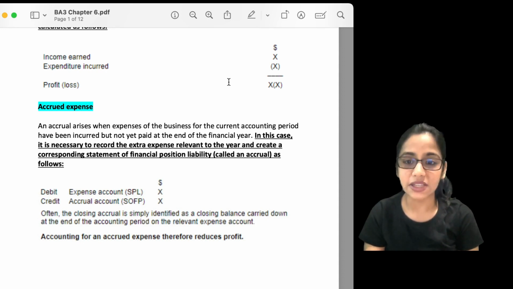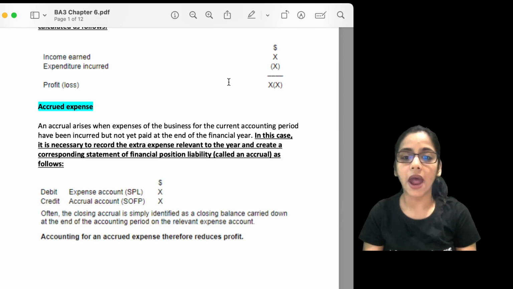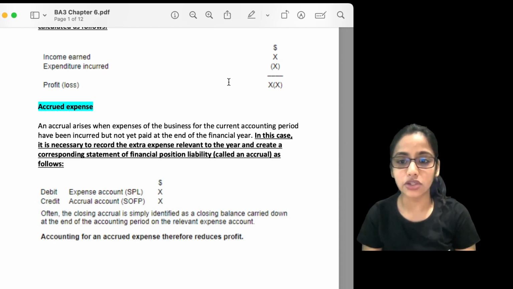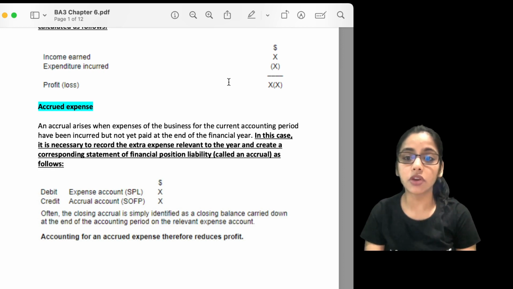So the accrued expense reduces your profit, and it will appear as a current liability in the statement of financial position of a business, since you are obliged to pay for the expense that you incurred. You didn't pay it in the current accounting period, but in the future you have to pay for it. That is why it will appear as a current liability in your statement of financial position.